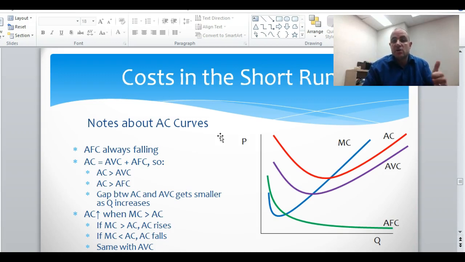So the average cost is increasing when the marginal is greater than the average. If marginal cost is greater than average, the average cost is going to be rising. If the marginal cost is less than the average, the average cost is going to be falling. And the same with average variable.